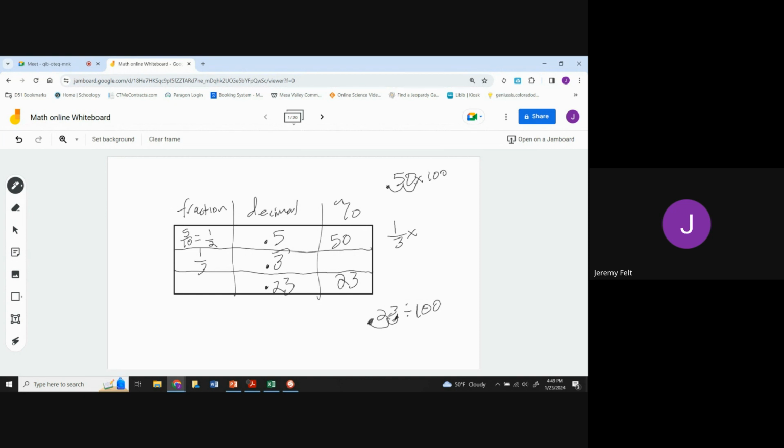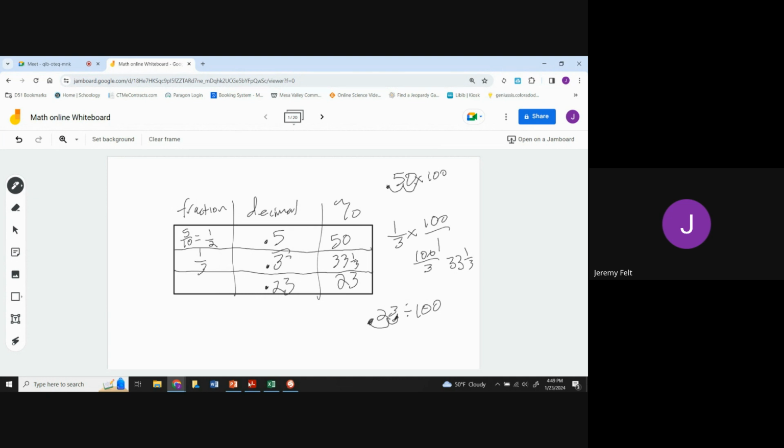Now 1/3 as a percent. We're multiplying by 100, so we would do 1/3 times 100 over 1, which gives me 100 divided by 3. So 3 goes into 100 33 times, which is 99. So I have 1 left over. So 33 1/3%.